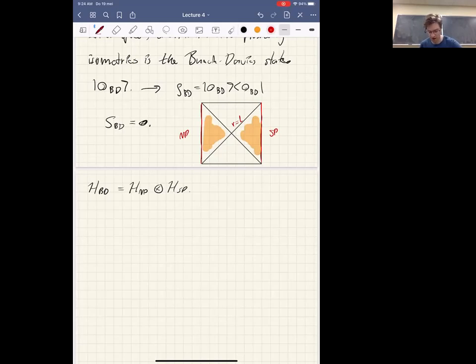And now you can ask the question, are the static patches entangled? When we think about this Bunch-Davies state, you can ask yourself what the natural state is when we restrict to one static patch.